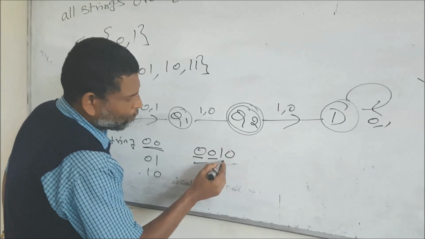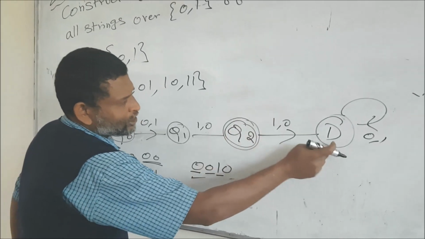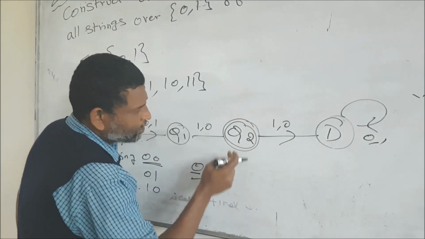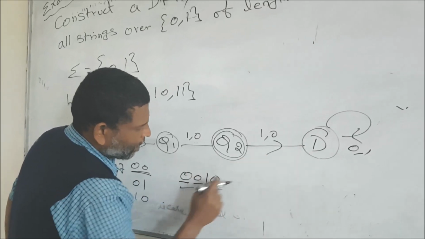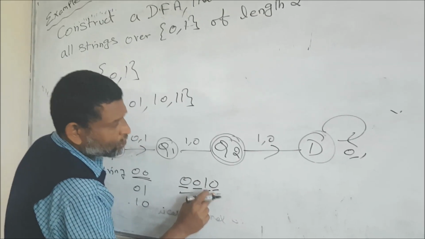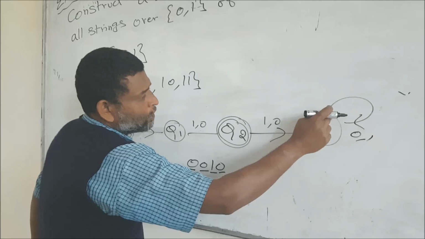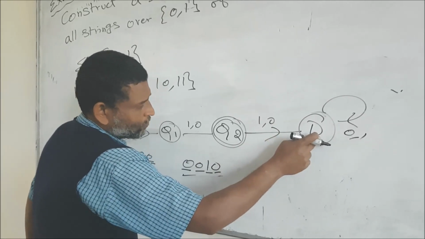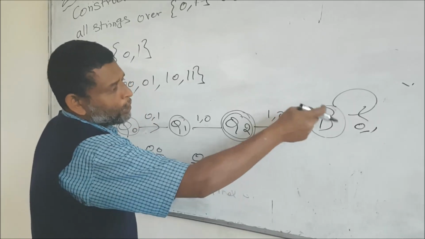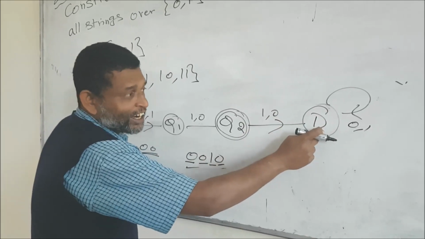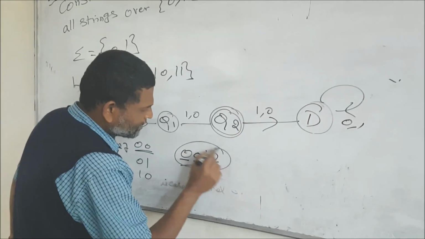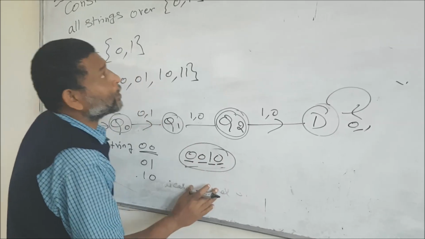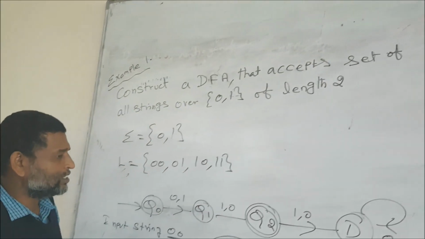From Q2, 1 is read and it reaches D. The last character is 0, and 0 is a self loop: from D, 0 is read and it reaches D itself. The string is over, but D is not a final state, so the given input is not accepted by this DFA.